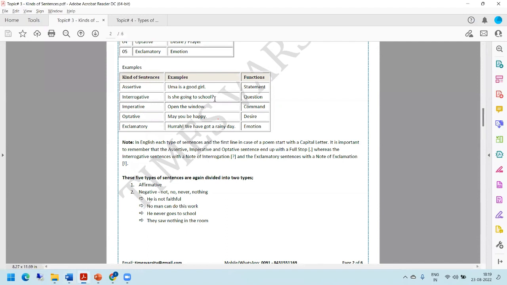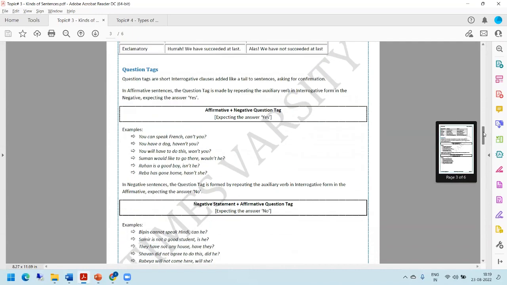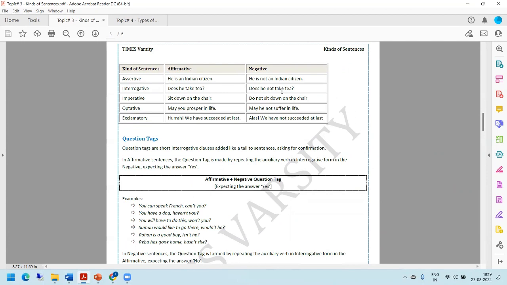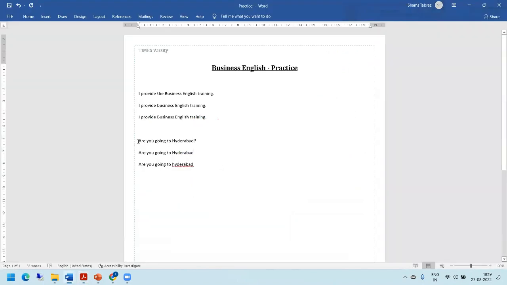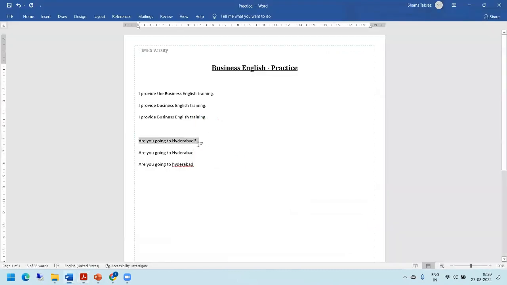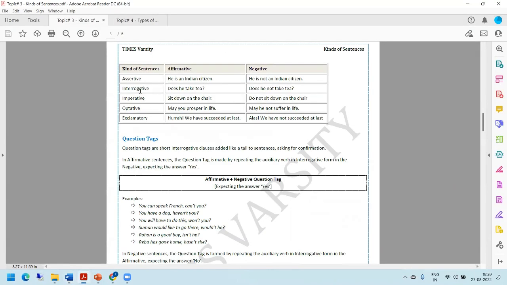Interrogative, because a question is asked, right? Yes. Then in interrogative, whether it is affirmative or negative. Affirmative, because the words no, not, never are not used. So it is interrogative affirmative.